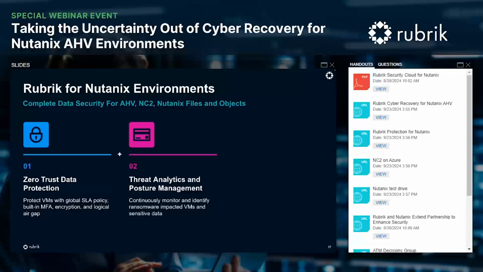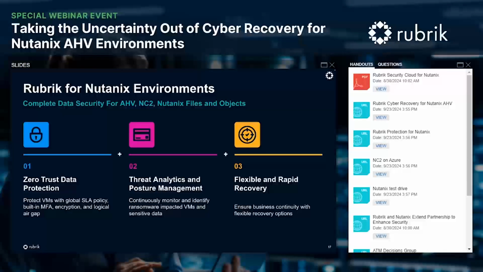We also offer threat analytics and posture management, continuously monitoring for ransomware and identifying impacted VMs and sensitive data. When it comes to flexible and rapid recovery, our solutions ensure business continuity with flexible recovery options. Recently, we announced a powerful new feature. Nutanix AHV users can now confidently test and validate recovery plans in clean rooms to expedite forensic investigations and strengthen cyber resilience after an attack.